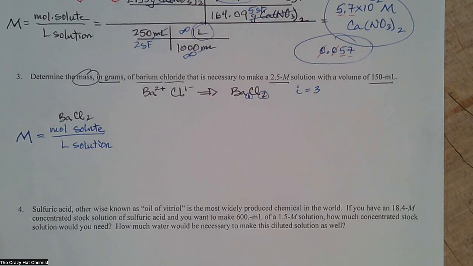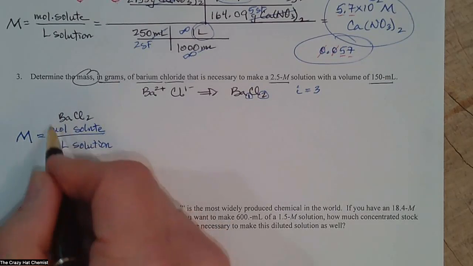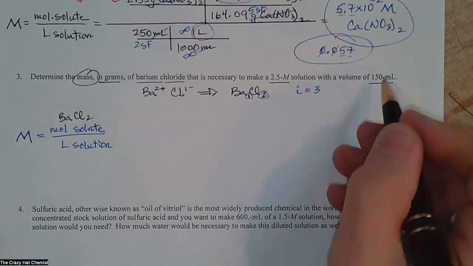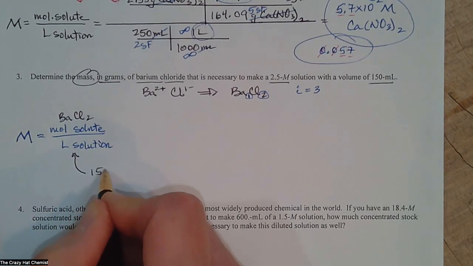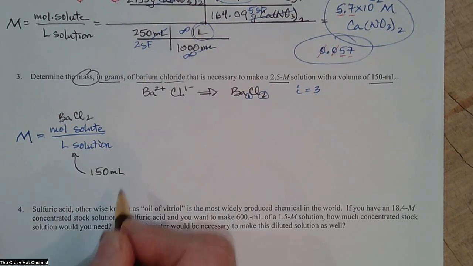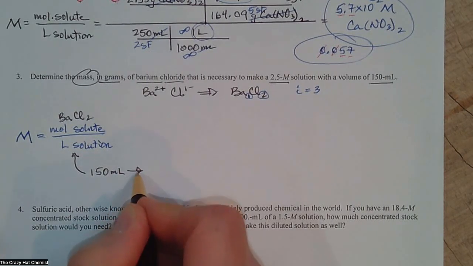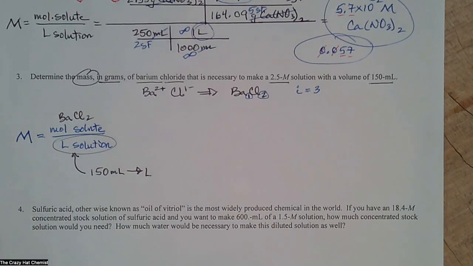Okay, and so from moles, I'll come back to that in just a second. Then we have this 150 milliliters of solution. So that is going to go in my denominator term, but I'm going to have to convert this into liters in order for it to go into my denominator.